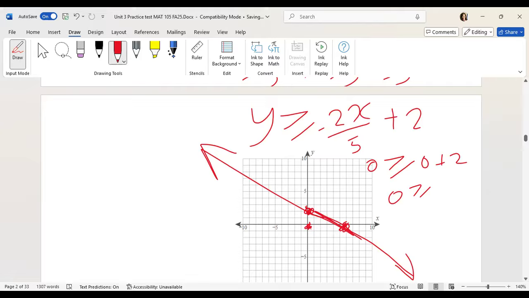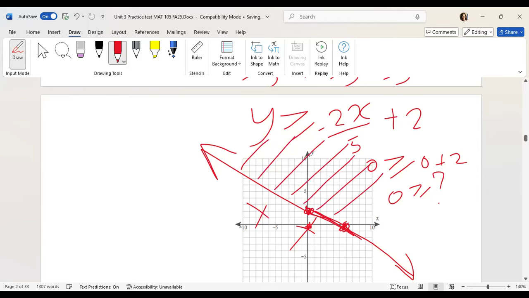Is that true? Can 0 be greater than or equal to 2? That is not true. 0 is not greater than 2. Therefore, the solution region is not this one. Therefore, the solution region is the region above.